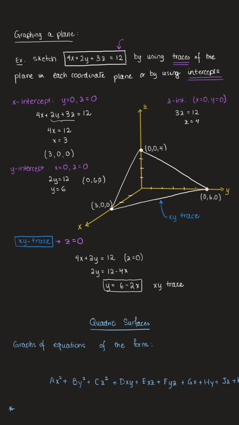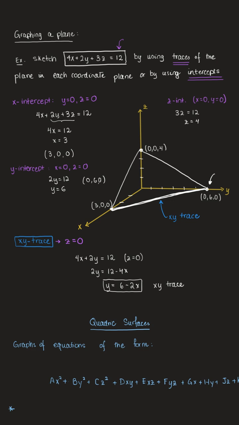You can see it on the graph as the line on the xy plane that has a y-intercept of 6 right here and a slope of -2. So intercepts are points. Traces are intersections of surfaces with either the coordinate planes or sometimes planes parallel to those coordinate planes.